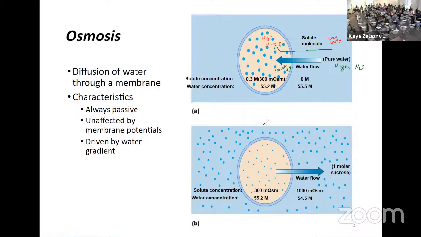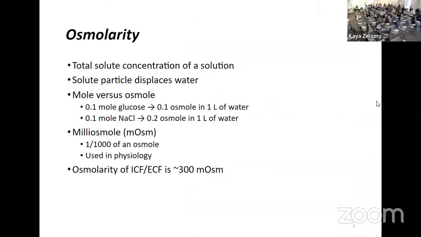We see the opposite situation in the bottom one. So we see water flowing out towards that greater solute concentration, that greater sucrose concentration in this example. When we think about osmolarity, osmolarity is an overall measurement of the solutes in a solution.